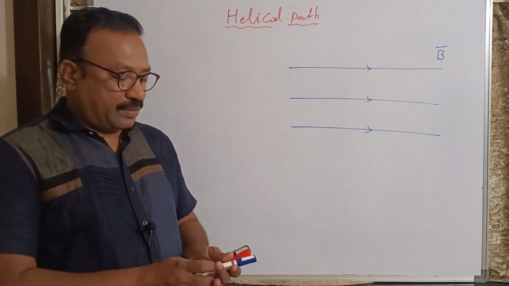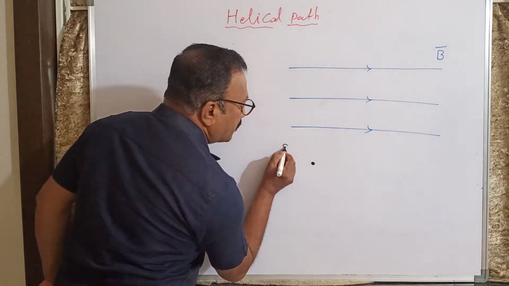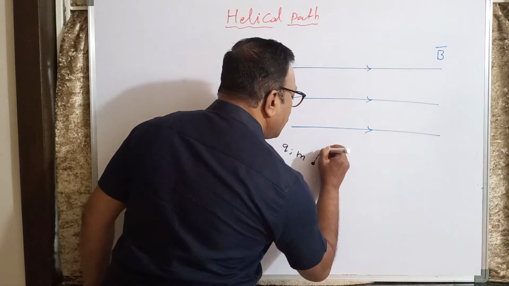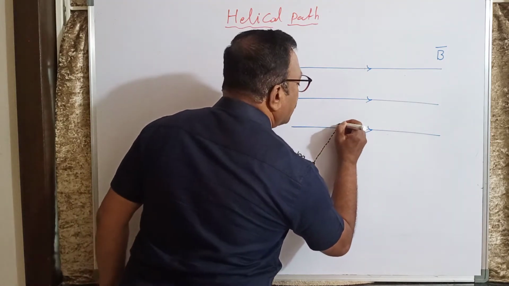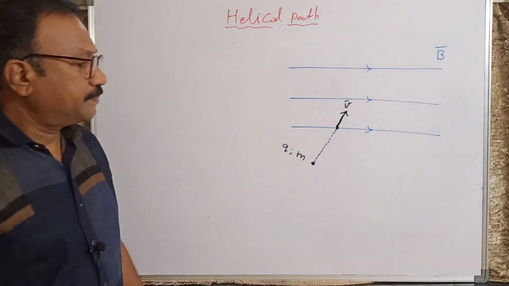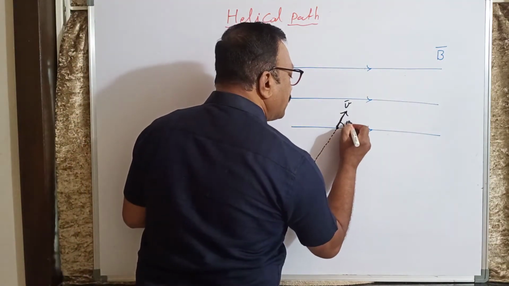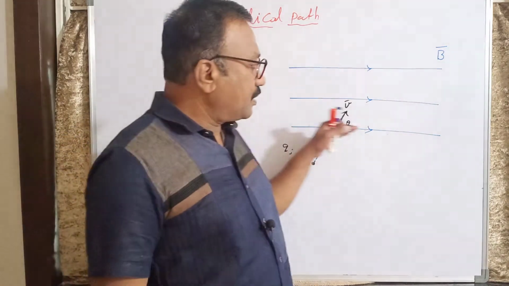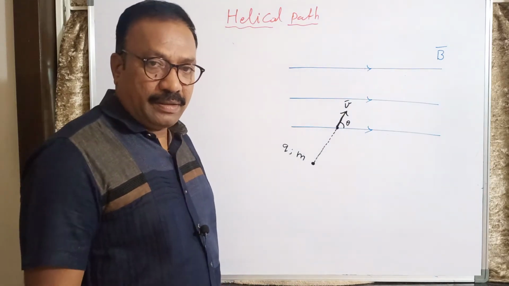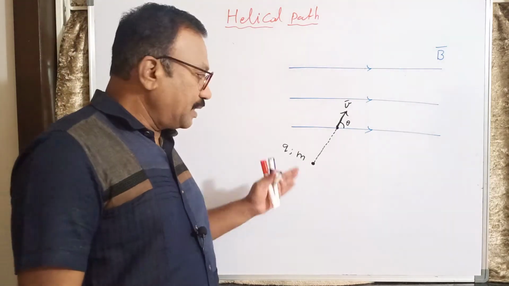A charged particle of charge Q and mass M is entering the magnetic field now with a velocity V. This is entering at an angle theta with the direction of field. This is the direction of field, this is the direction of velocity. With respect to field, it is making an angle theta. So now this particle will be moving in helical path. That is our discussion now.